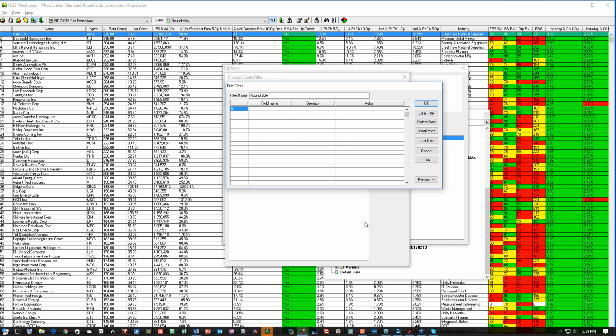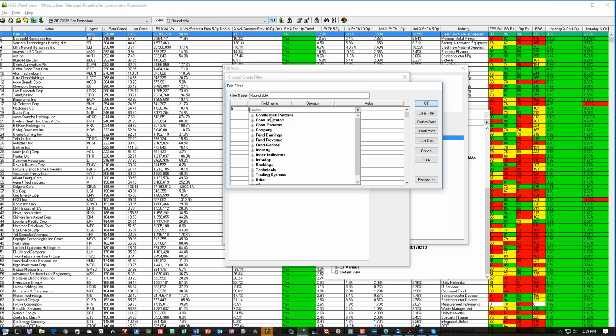Okay, so the first thing I wanted to do is put pocket pivots in here. Now the thing is, and it's confusing to a lot of people, you are not going to find the term pocket pivots when you start looking at these fields. It's the percent, and by the way, Matt put these search fields in a while back and they're great.